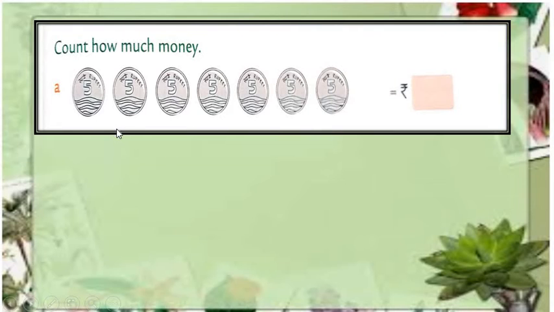Let us see how many coins are there. 1, 2, 3, 4, 5, 6, 7. We have 7 5 rupees coins.